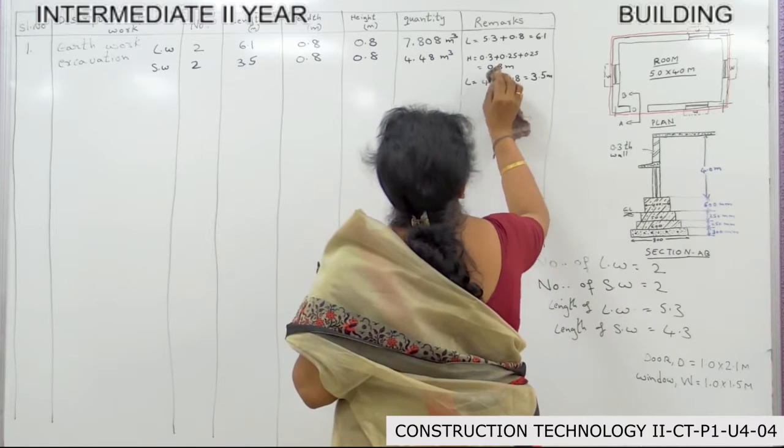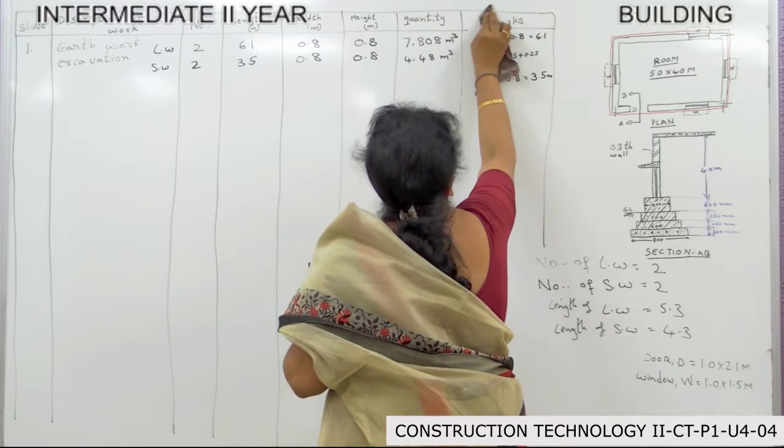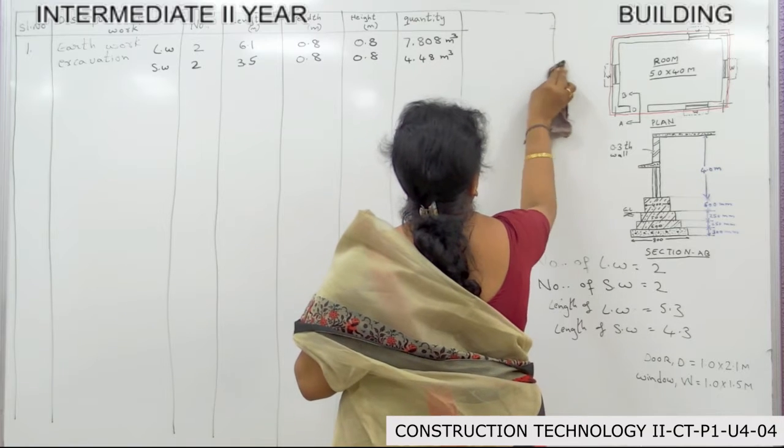Add both the things and write here in the total quantity column.